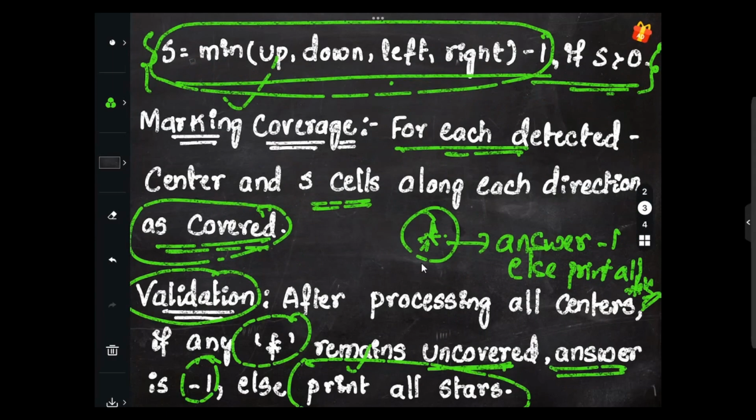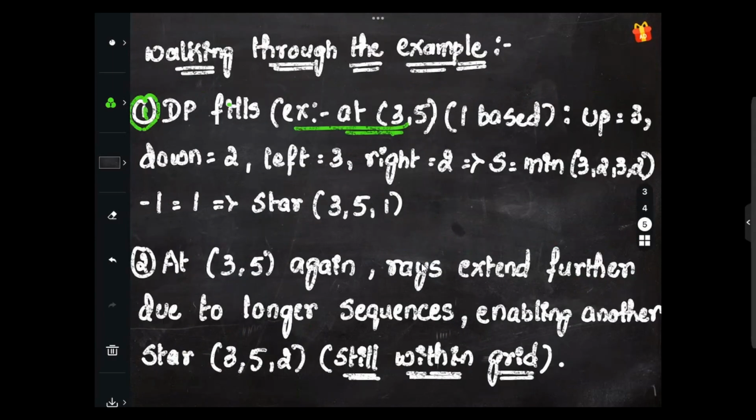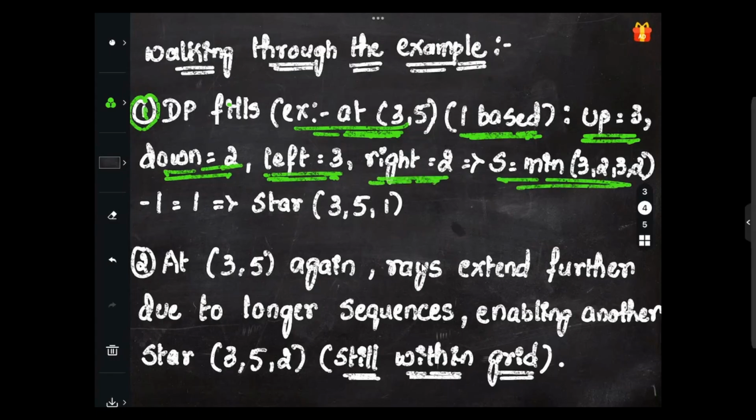Let me come here. See, DP fills example at 3 comma 5: best, up equals 3, down equals 2, left equals 3, and right equals 2. S of 1 is 3 comma 2 comma 3 comma 2, that is nothing but the minus 1. So a star: we will be considering 3 5 1, minus 1, that is equivalent to 1.